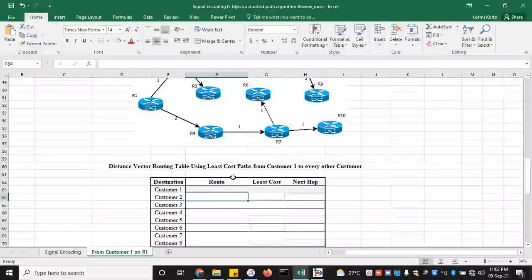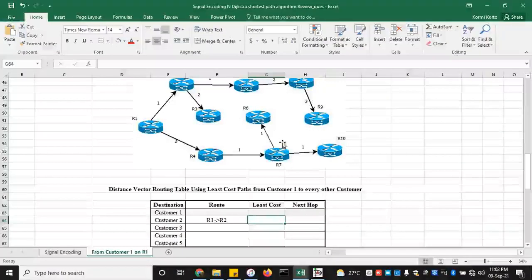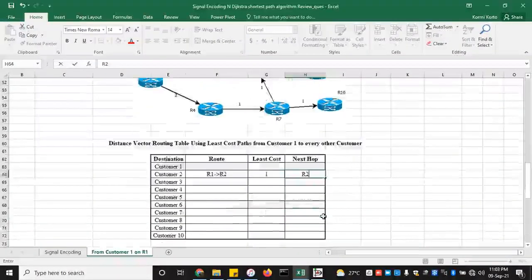The route was from R1 to R2, and the cost was 1 right there. And our next hop was obviously R2.